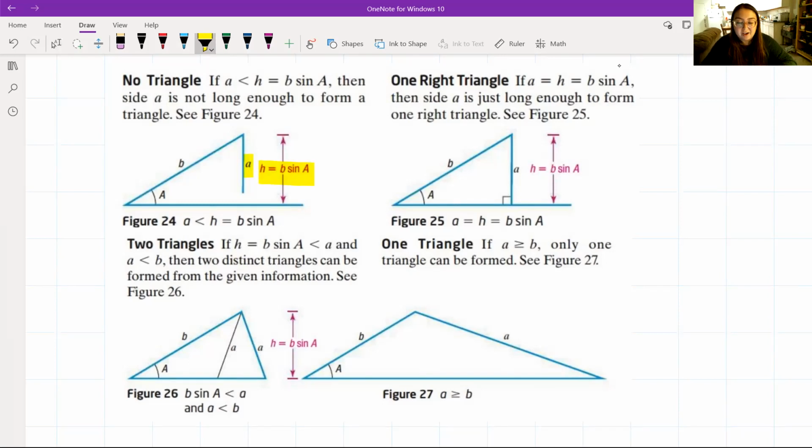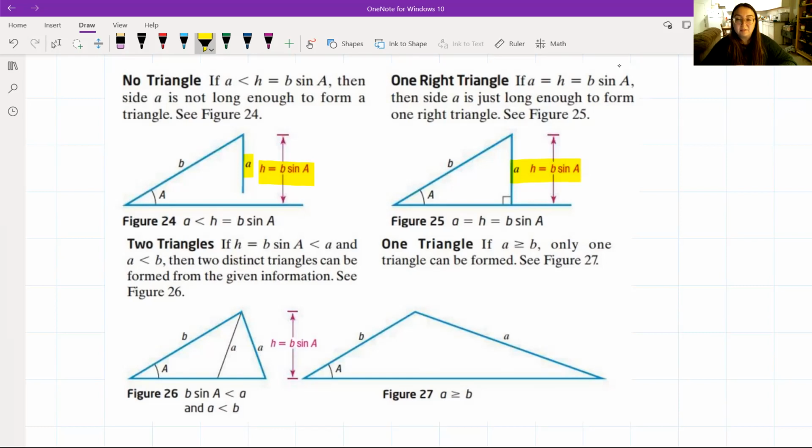So once you've found this out about any problem, you just immediately say, oh, okay, well, there is no triangle. Then if there is one right triangle, this would mean that a was equal to h, which was then equal to b times sine of A. Then we say that the side a is just long enough to form one right triangle.